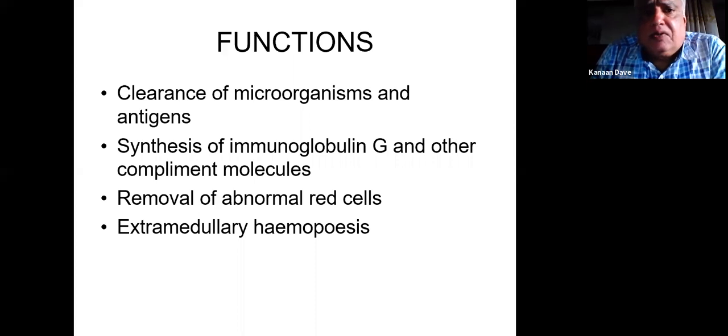There is synthesis of immunoglobulins and complement molecules in the spleen, and it also functions to remove abnormal red cells in circulation. And as I mentioned, the spleen can revert to its role of hematopoiesis in adult life under certain circumstances. We call that extramedullary hemopoiesis.